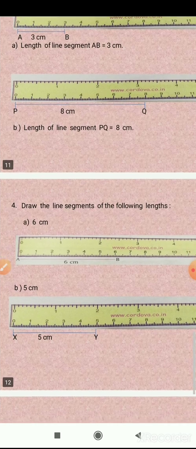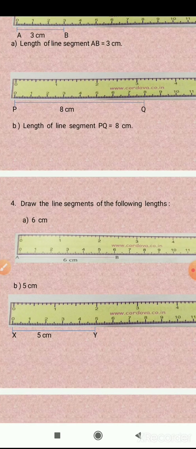Okay, next, draw the line segments of the following lengths. So that also, students, you have learned how to draw a line segment of given length. Okay, so here we have to draw a line segment of length 6 centimeter. So for that, first we have to place the ruler on a paper. Next, with a pencil, mark a point A as the beginning of the line segment.